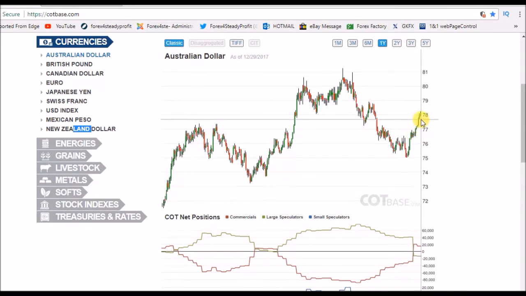and the Australian dollar has actually gone up even more to a 78. So I am expecting for the bearish position to have been reinstated by the commercials. I saw a little bit of a slowing down in the rise of the Australian dollar towards the end of last week, but we were coming up to a little bit of resistance, the end of these candles over here.